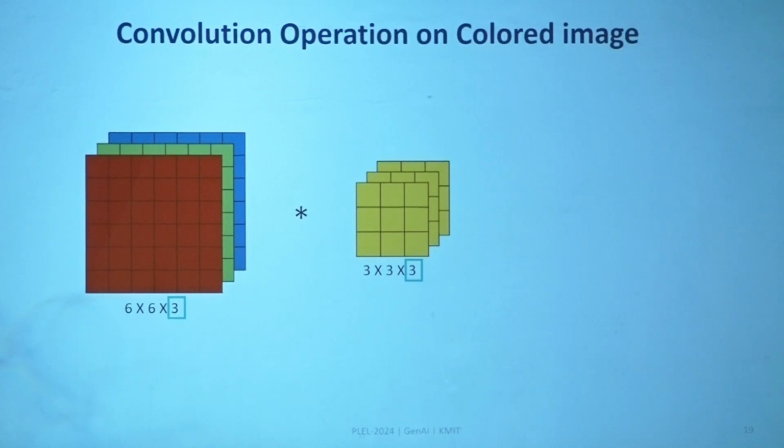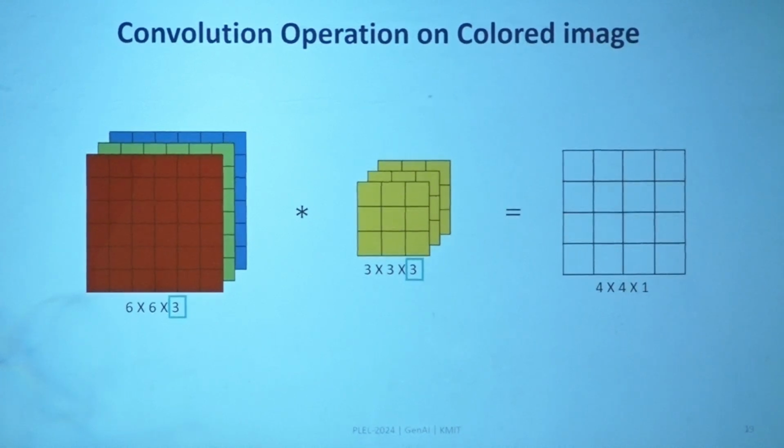Every time the convolution gives you one element, and as a combination these 3 will be added. I can illustrate so that you will get the feature map of dimension 4 by 4 by 1. If you understand this, it is easy for you to build convolutional neural networks.